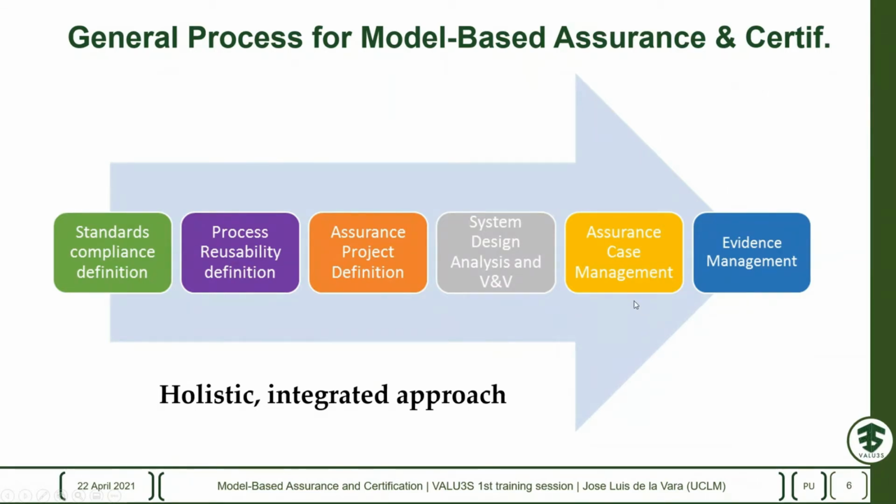So, for example, in this new approach, we are basically linking the assurance cases with the system architecture models to justify the suitability. They are not now independent activities, but we are integrating everything so that we can also, for example, check the consistency between the different activities and the information managed.